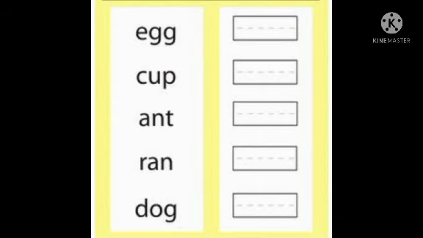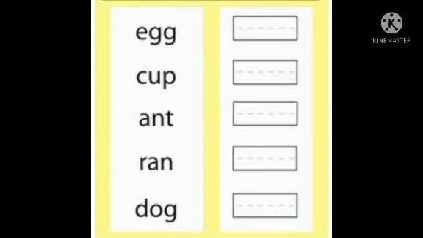Now, my dear children, look at this list of words. In this list, you can see the words are egg, cup, ant, ran and dog. This list is not in alphabetical order.